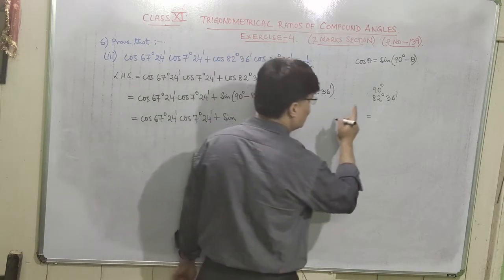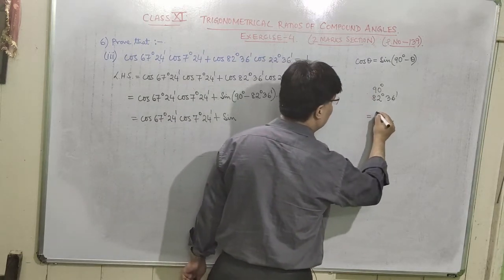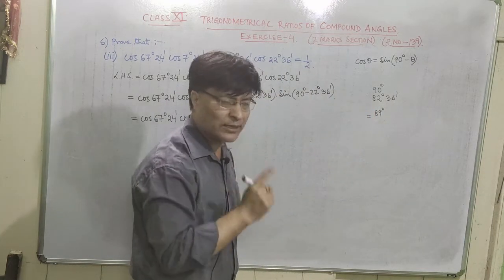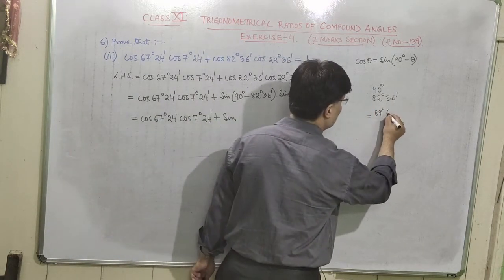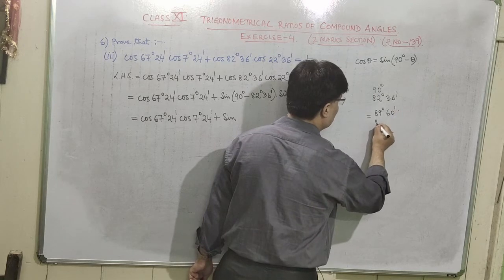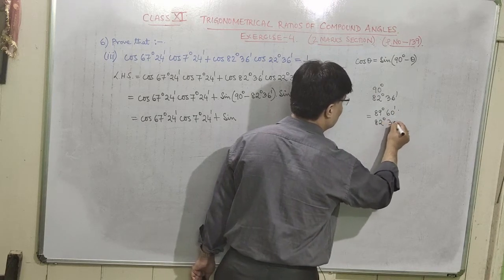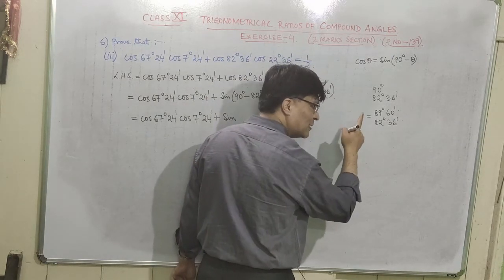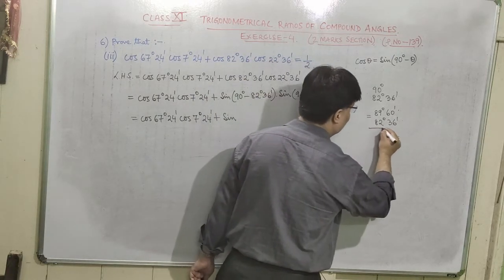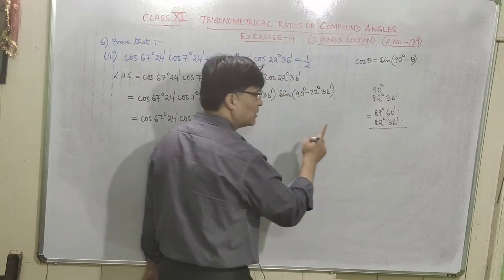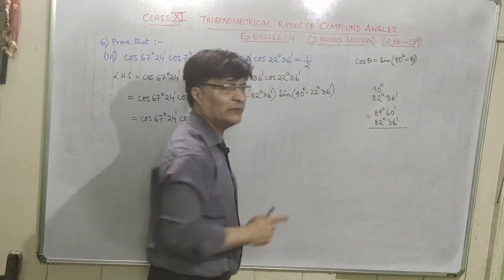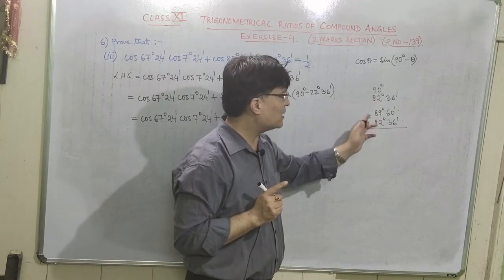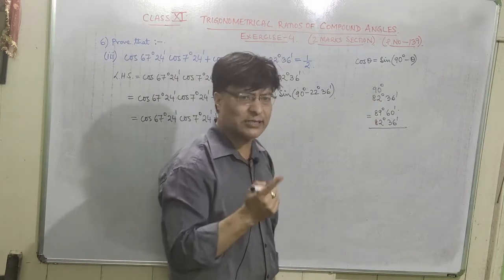So you can subtract it by writing 90 degree in terms of 89 degree and 1 degree, isn't it? And you know that 1 degree means 60 minutes. So subtract 82 degree 36 minutes from this 89 degree 60 minutes. This 90 degree can be written in terms of 89 degree 60 minutes.